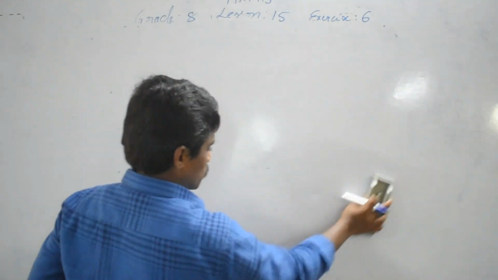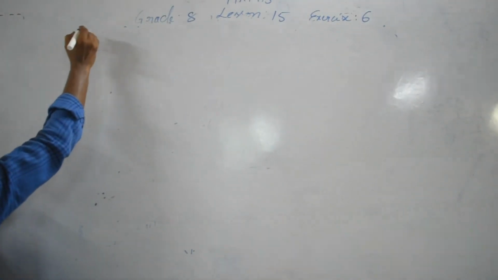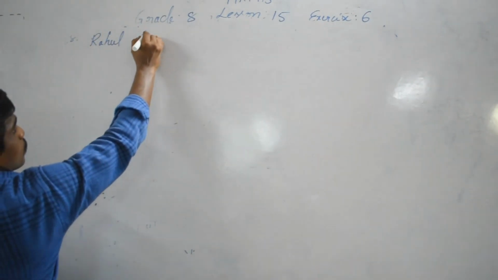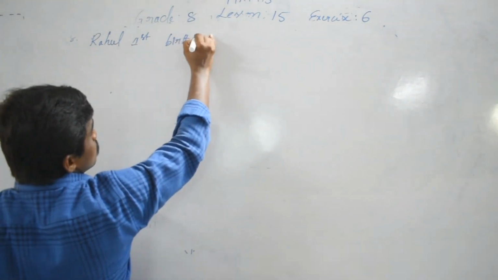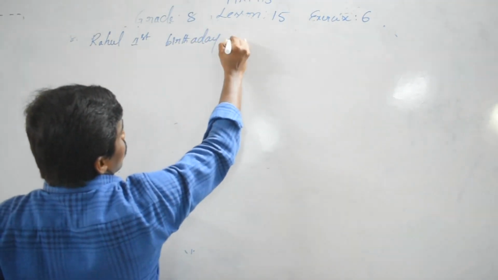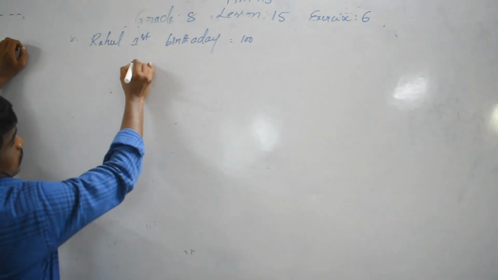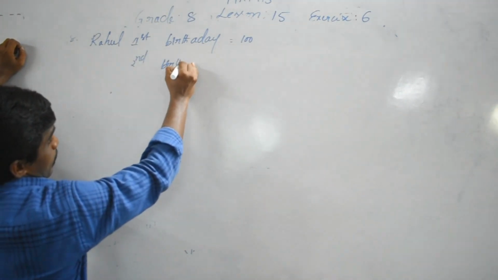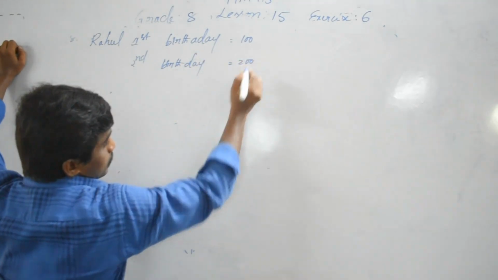Here the question is different. Now Rahul's first birthday, deposit 100. Second birthday, how much? 300.